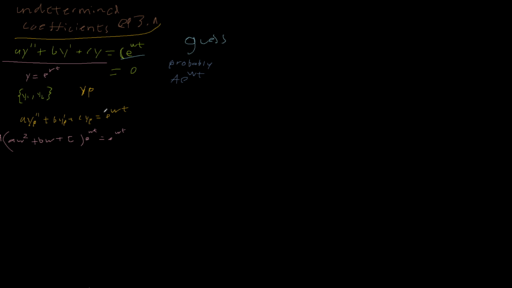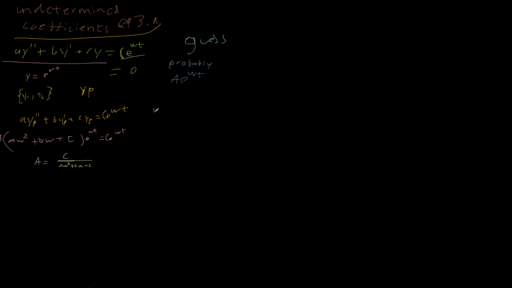We're going to have some big constant C. Then we can find that A is equal to C over a omega squared plus b omega plus c, pretty much. And so that becomes our solution.